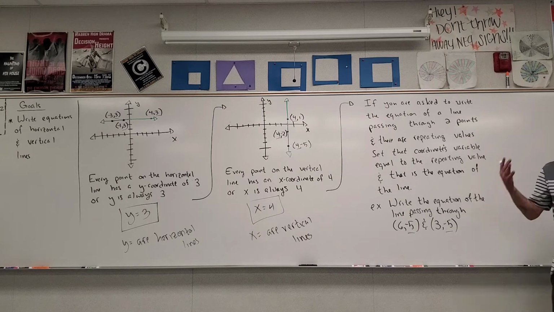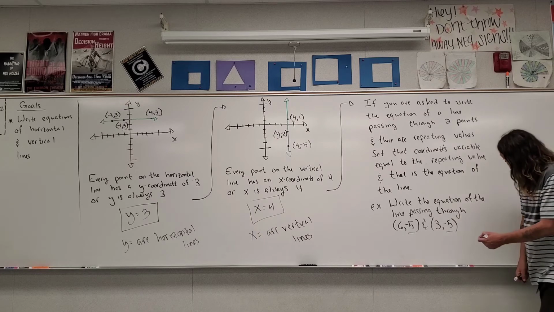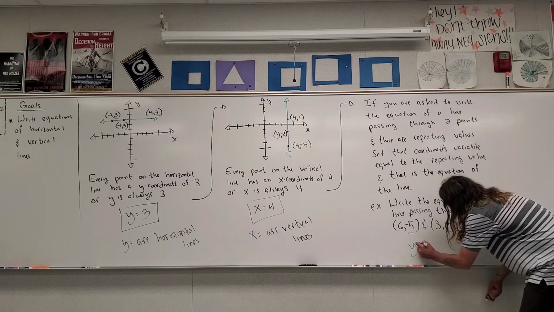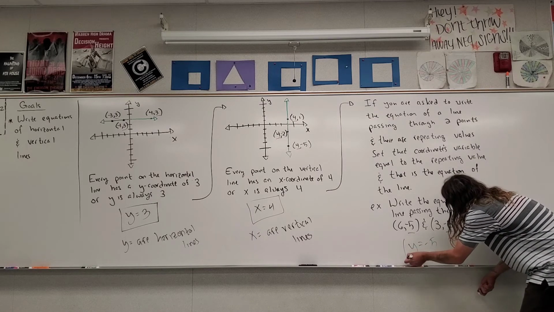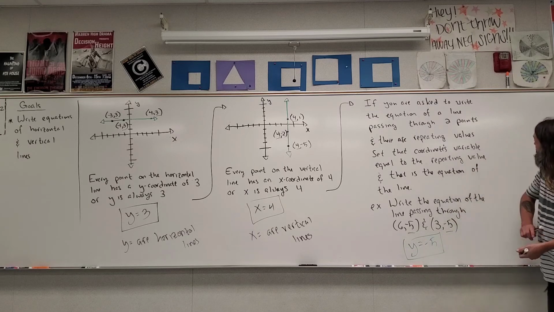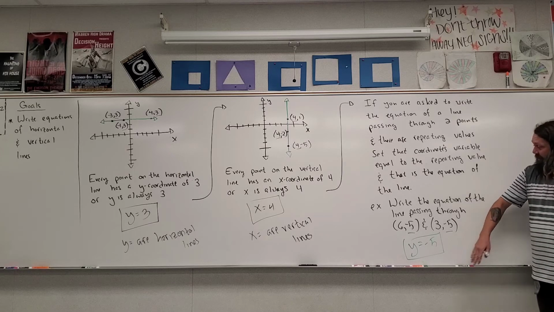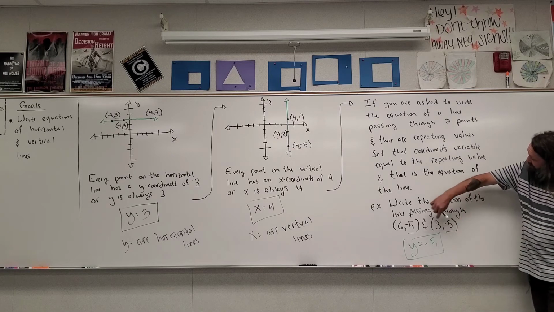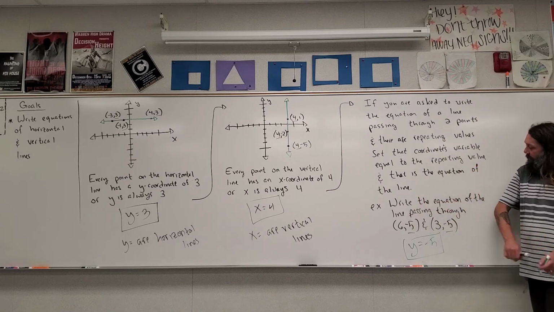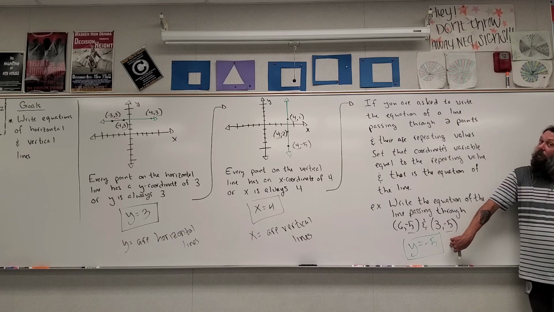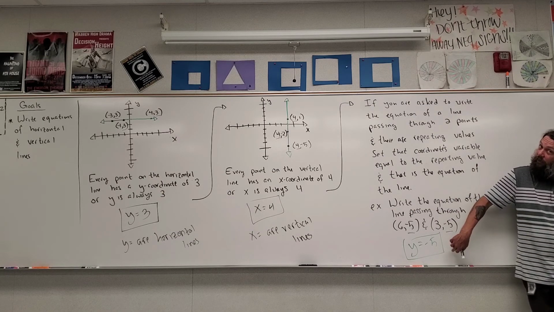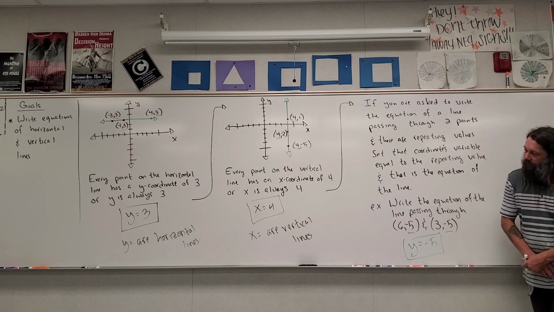So literally, to write the equation of this line, I just have to say y equals -5. I just set that coordinate's variable equal to the repeating value, and that's the equation of the line. It's that simple, but we can only do that when we have a repeating value. And this is the equation of the horizontal line going through -5 on the y-axis.